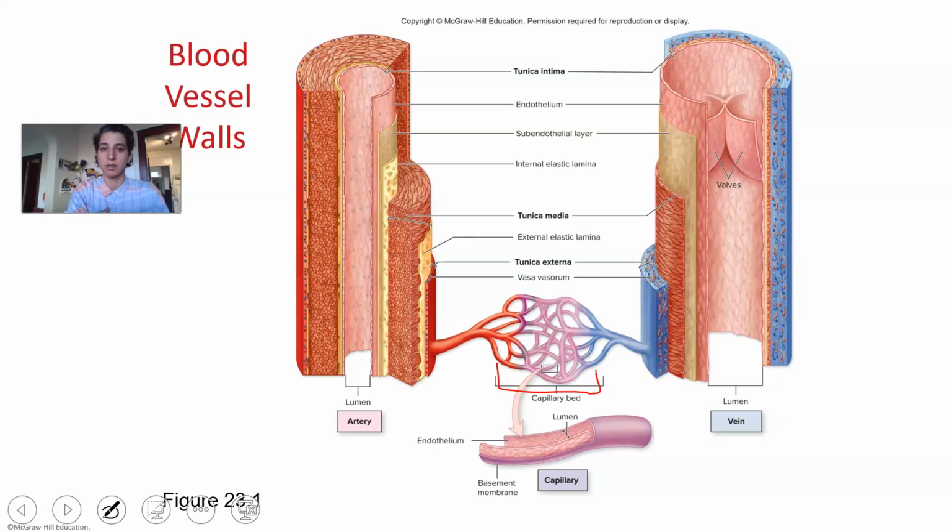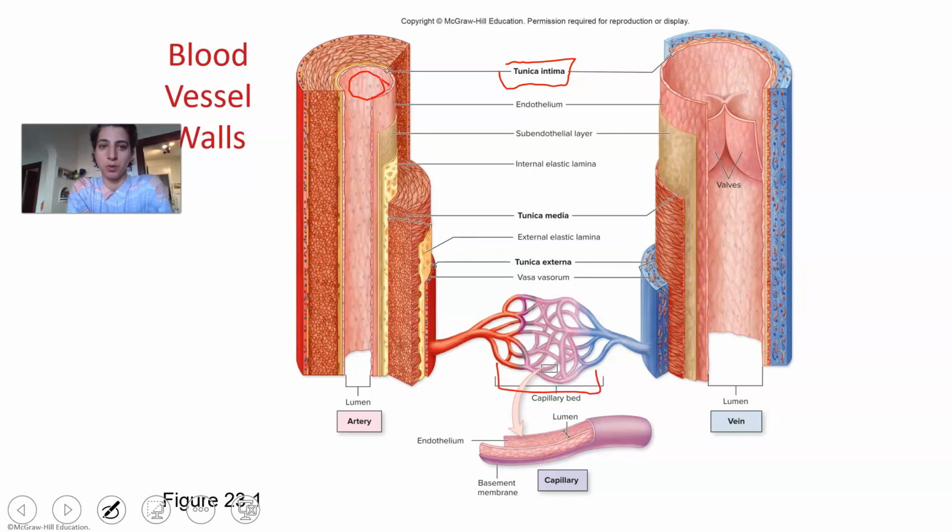So first we're going to take a look at the walls that comprise these blood vessels, because basically blood vessels are tubes, right? They are the highways that carry blood through the body. Okay, and if we start at the deepest layer, we have what's called the tunica intima. It is the layer comprised of this stuff right here, which is the tissue that lines the lumen of that blood vessel.